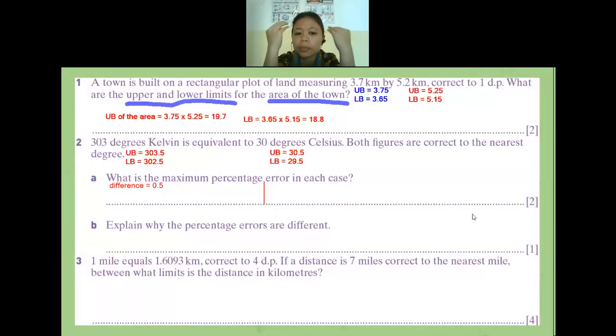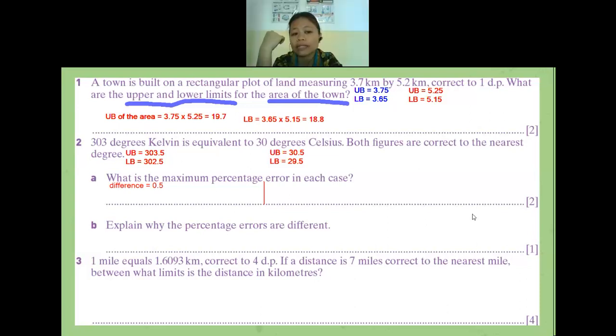I told you the first step to find the percentage of error is finding the difference between the number given and its upper bound or its lower bound. The number given is how many if I use the Kelvin? It is 303, right? The upper bound of 303 is 303.5.